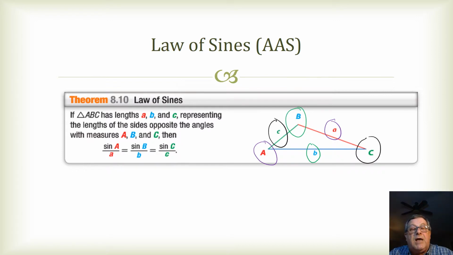In other words, the sine of A over side A is equal to the sine of B over side B, and that's also going to be equal to the sine of C over side C. And so if we know a couple of angles and a side, then we're able to solve a triangle. So what do you say we try one?